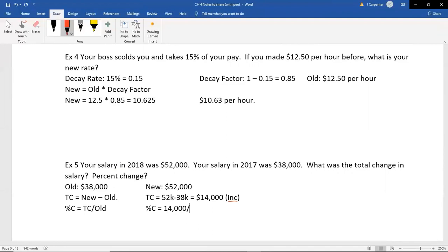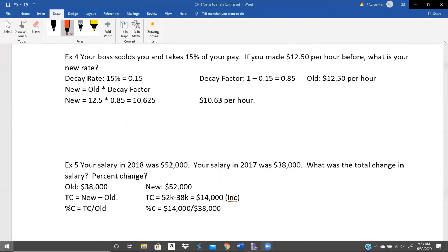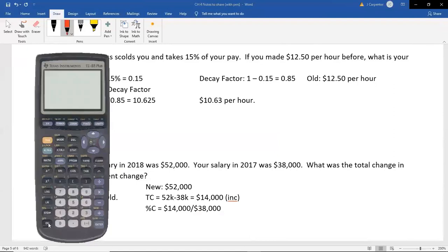I want to put my units in this one. And if you do that division and convert, the dollars cancel out because it's the same units top and bottom.